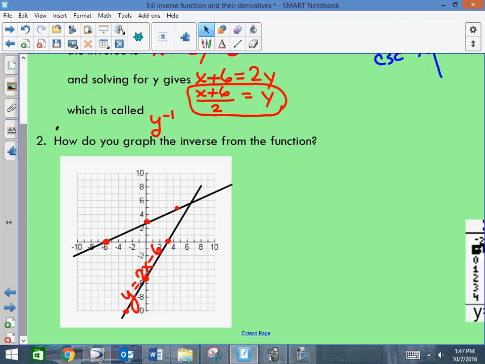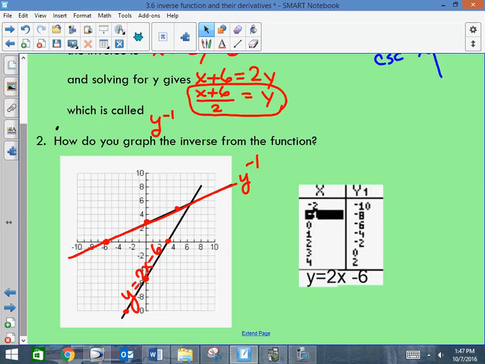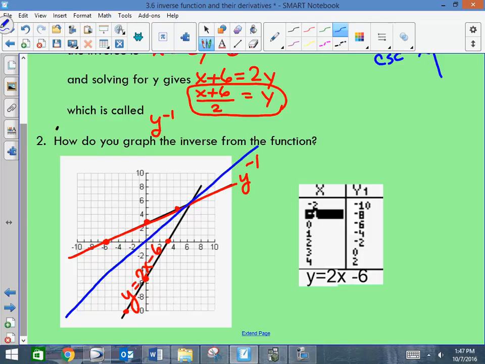And what should the graph look like? What is the visual thing of this inverse? Is it a flip? Remember? It's a flip over this, y equals x. That's your fold line. You can kind of see it visually once it's up there.